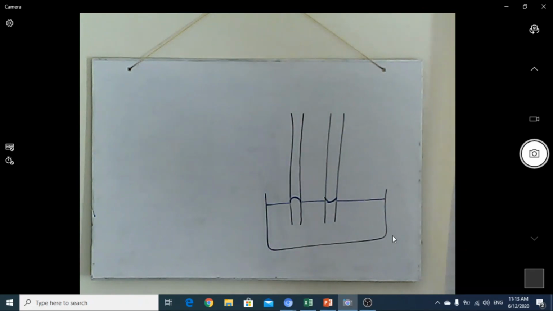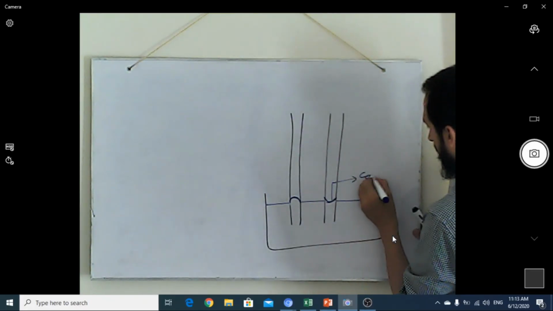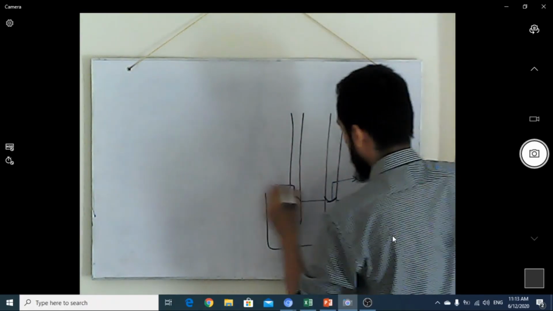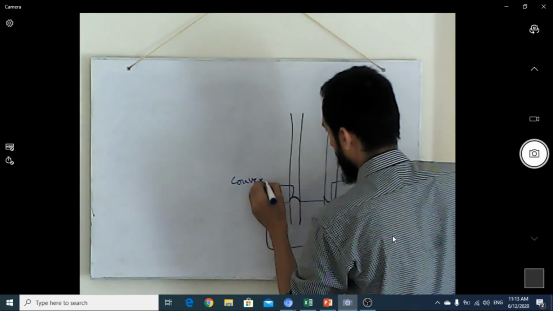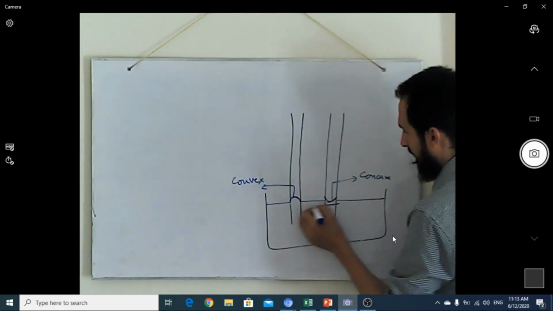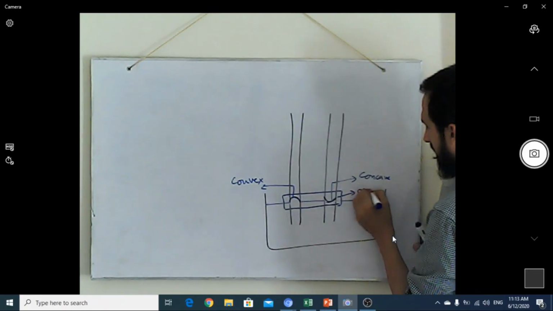We can say that this shape is concave, and this is convex. This appearance of the shape is so-called meniscus.